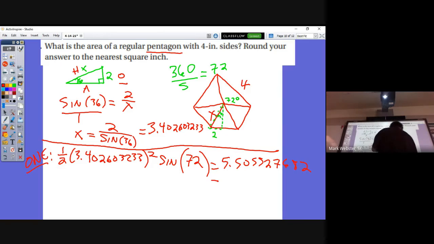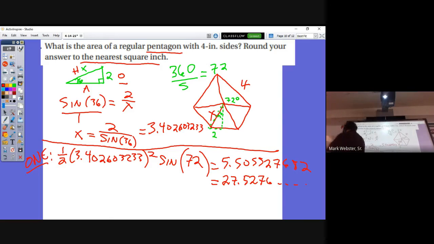And I end up with 27 point something. It keeps on going. I want to round to the nearest square inch. So I'm going to look at where the whole number ends. Look at that 5, right? 5 means we round up. So my final answer here is 28 square inches.